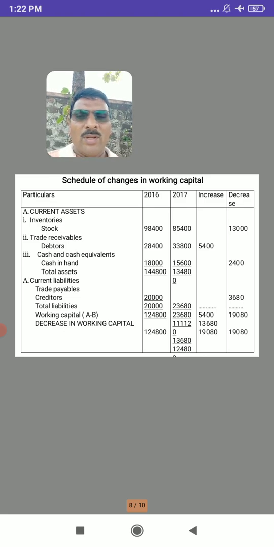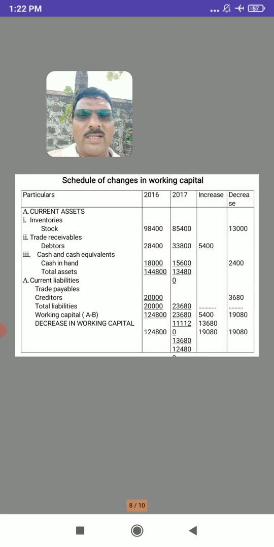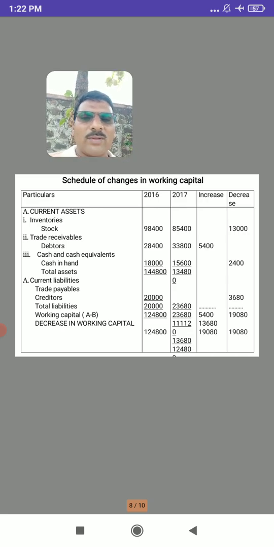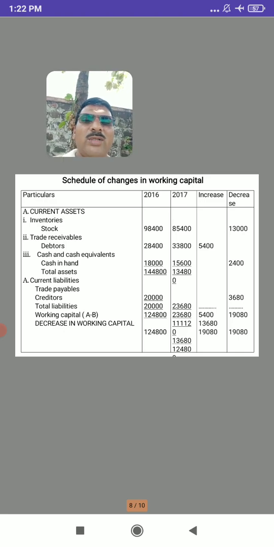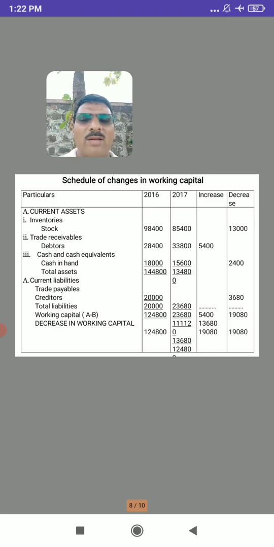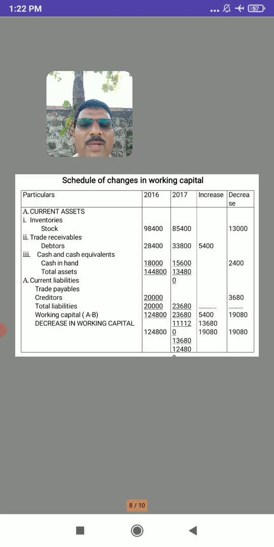So now after getting the total current assets and current liabilities, it is time to calculate the working capital. Working capital can be calculated by deducting total current liabilities from current assets. So in 2016 the current assets are rupees 1,44,800 and the total liability was 20,000, means we got a balance of rupees 1,24,800.